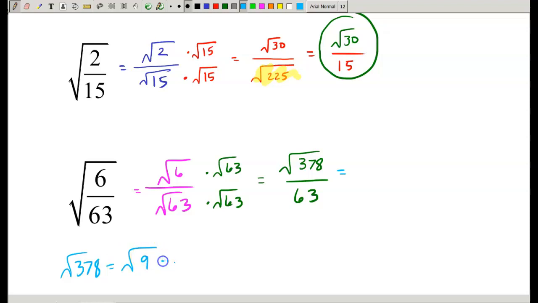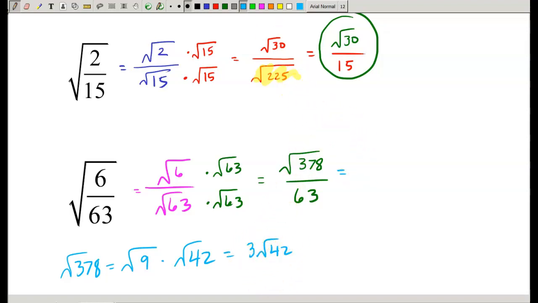So I know that 9 times 42 is equal to 378. Therefore, that radical is going to be 3 root 42, and that would simplify the root 378. 42 can't be simplified anymore with that square root, so this would be it.